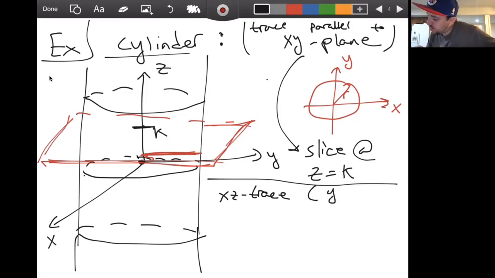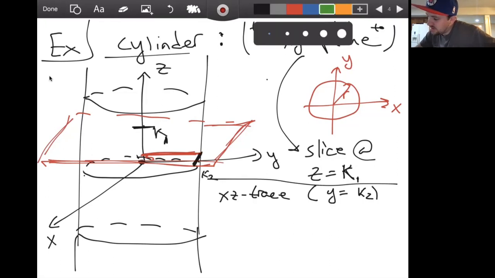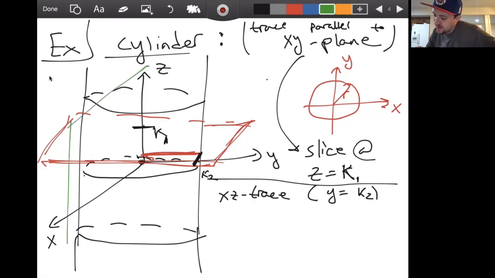So here this is Z equals K. Let's call this one Y equals K1, some fixed distance. Here's Y equals K2. And so we're marching K2 units somewhere along the Y-axis. And now we're taking a slice parallel to the XZ plane.